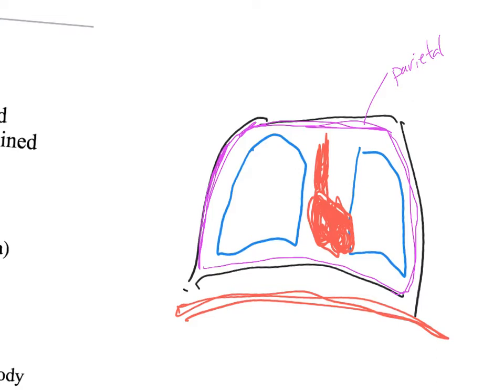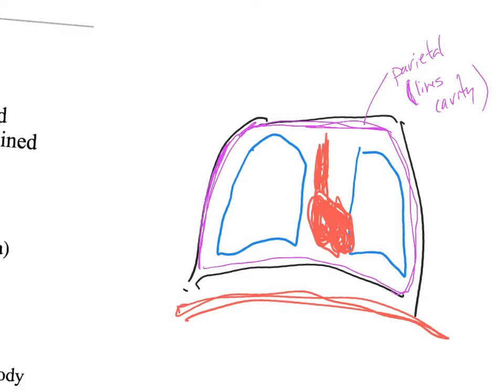Let's do this, make sure that I do that and then that doesn't happen again. Okay? So, parietal lines the cavity. That's one half of the membrane. The other half of the membrane lines each organ.